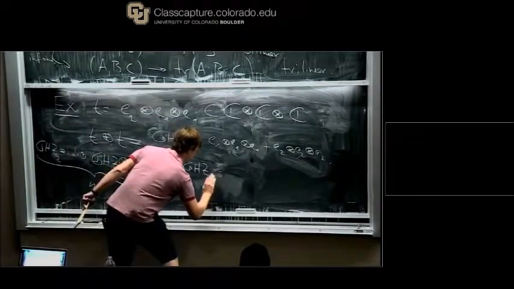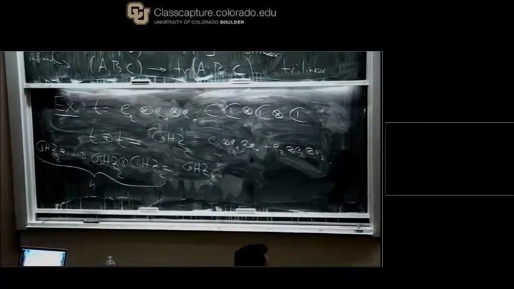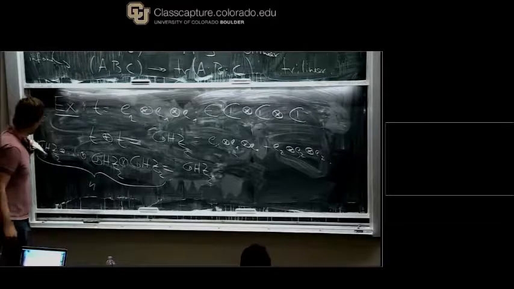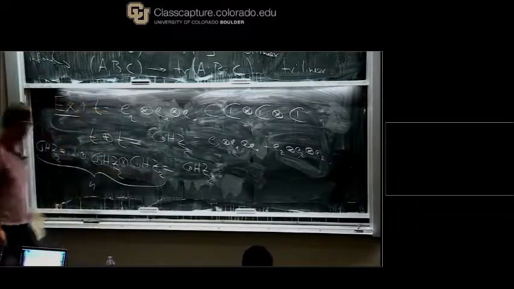All right? Very good. Excellent. Good. Of course, the same is true for the EPR state, right? So if I replace GHZ by EPR, then it's just the same thing.